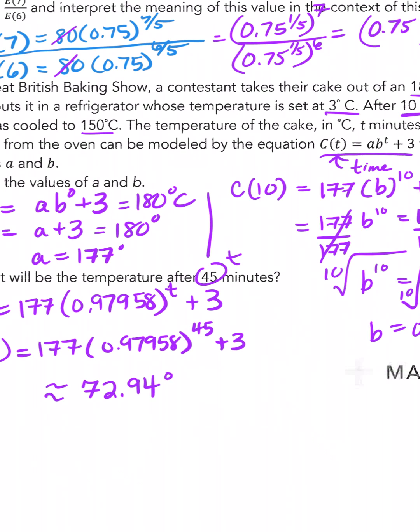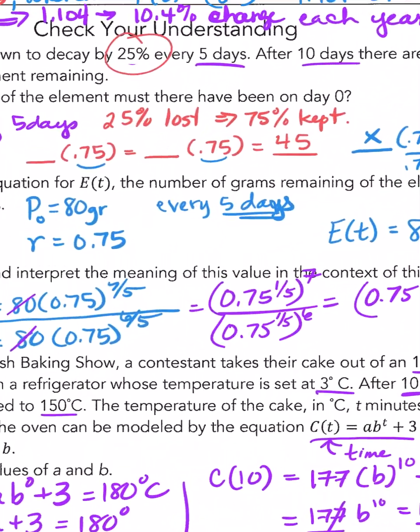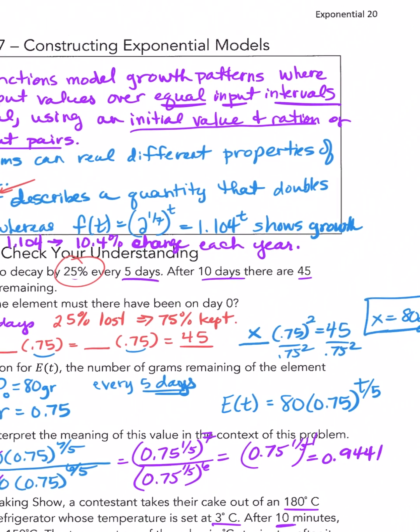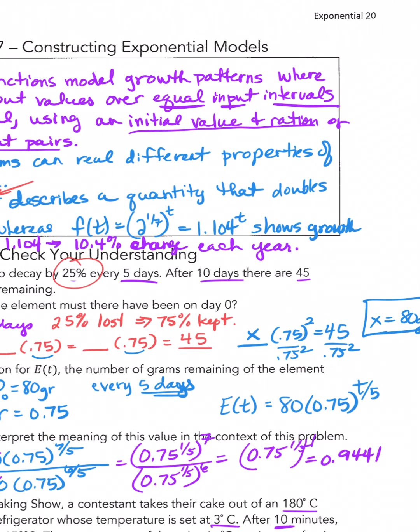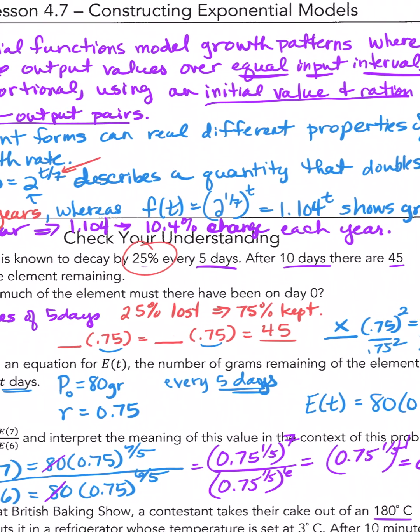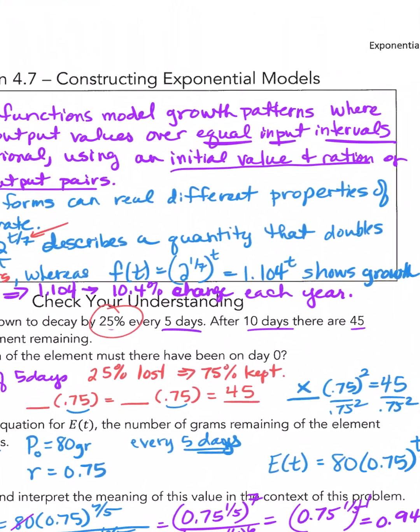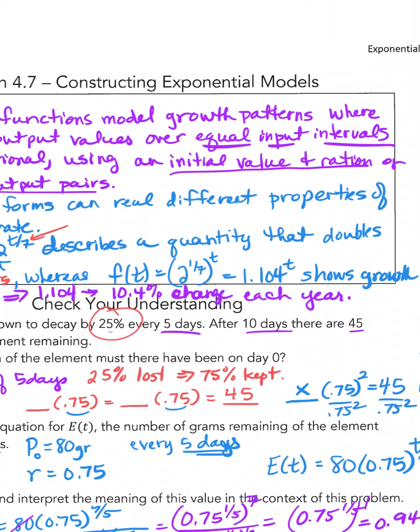So, to recap, what are the things we saw here? We were looking at all these different pieces, and we were saying, all right, if we have a growth rate, remember what we said, with equal input intervals, we're going to either get an initial value and a ratio, or we're going to get two input-output pairs.